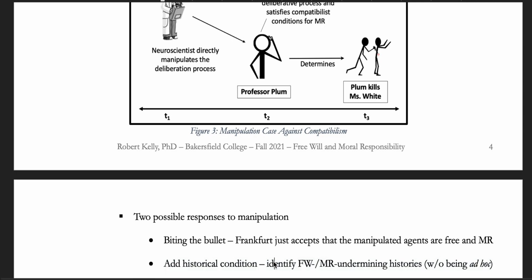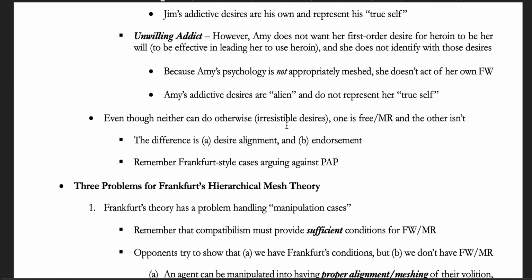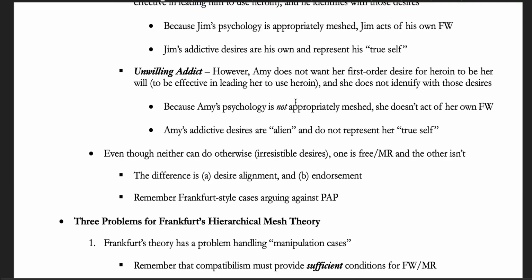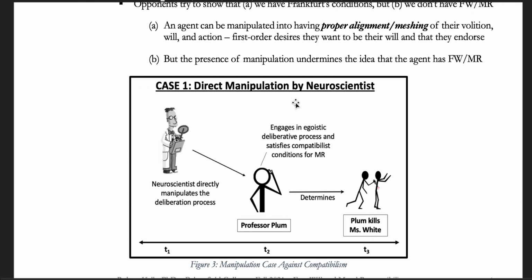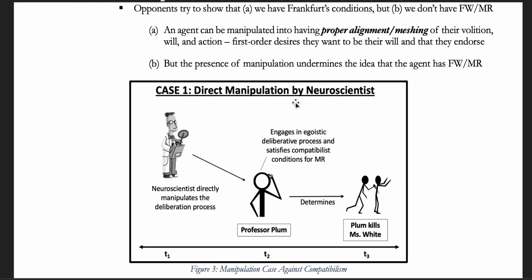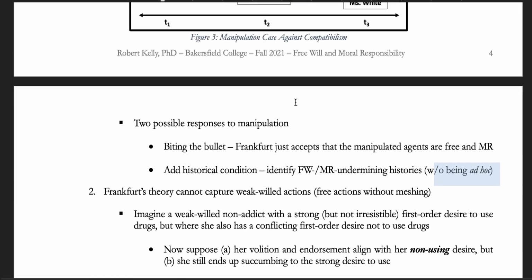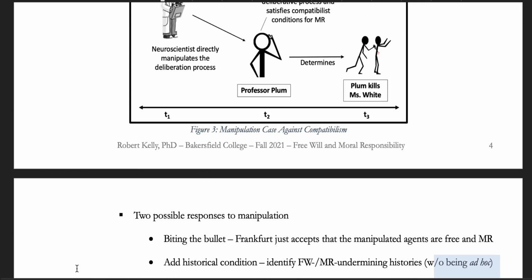You can describe or explain what the free will and responsibility undermining features are, like being manipulated. But you can't be ad hoc. You can't just say, okay, you need all this alignment stuff, my whole account up here, plus no manipulation. That's ad hoc. You have to say what counts as manipulation, and you have to say why it's irrelevant or responsibility undermining. So some people do try to add these historical conditions.